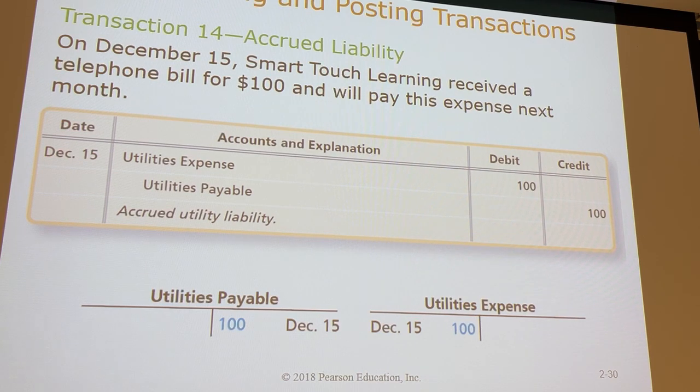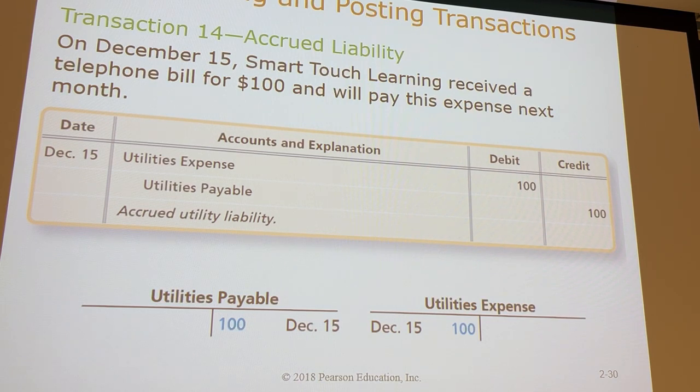Okay, then on December 15th, Smart Touch Learning received a telephone bill for $100 and will pay this expense next month. So here, depending on what their chart of accounts said, some companies would use accounts payable for this, but if they have an account called utilities payable, then that's more specific than accounts payable.